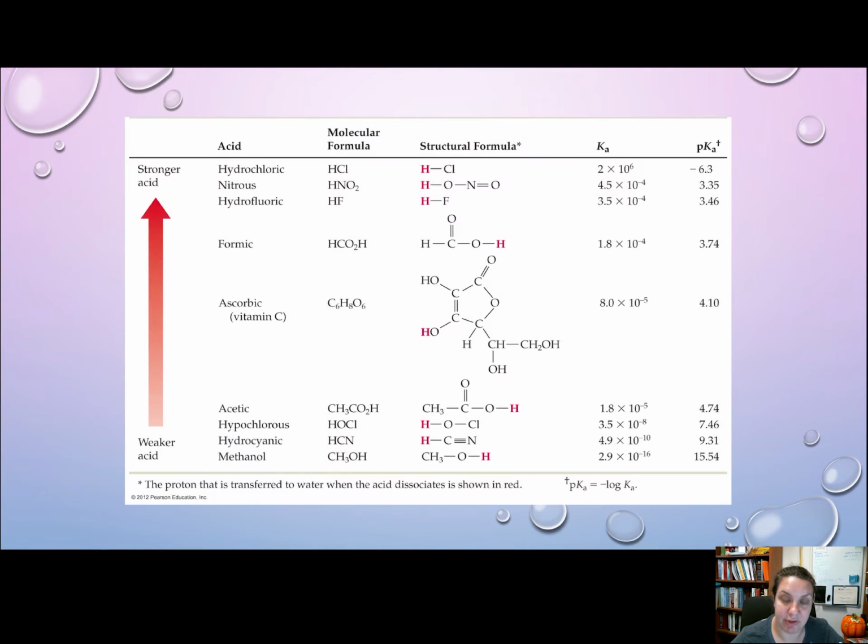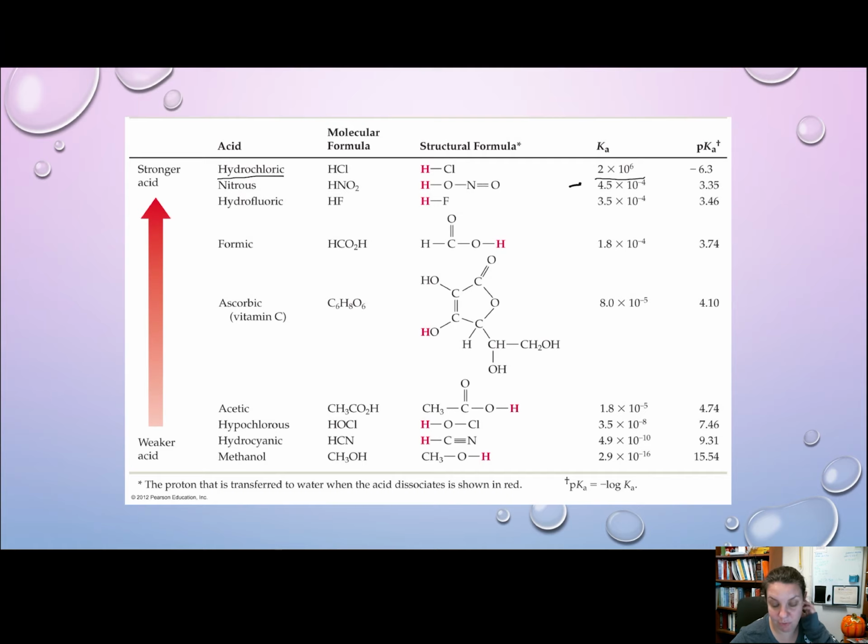Here are a couple of examples of some acids, going from really, really strong acids like hydrochloric acid, which is an acid that technically has a Ka value. Anything stronger than that, the Ka value is just so large we don't even look at it. But we see that as we increase our strength, going up this table, we increase the value of our Ka.